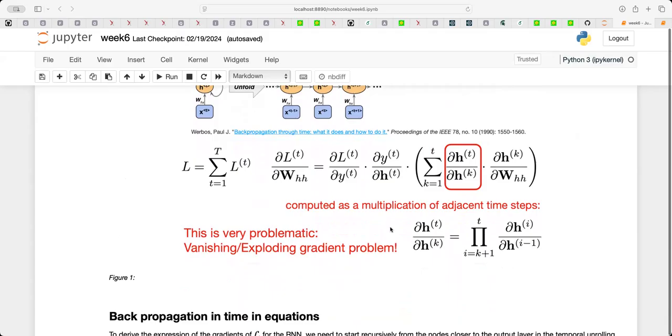So let's just take this expression. This is the one which causes problems in the training. And let's go back to the whiteboard and look at a simple example, which hopefully can give us a deeper understanding of why this is a problem.